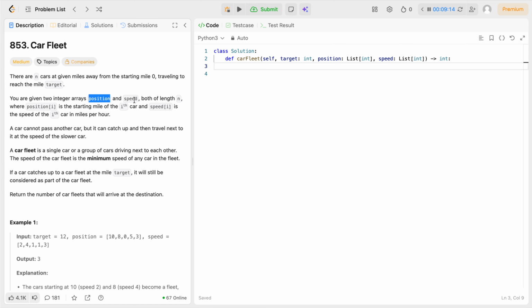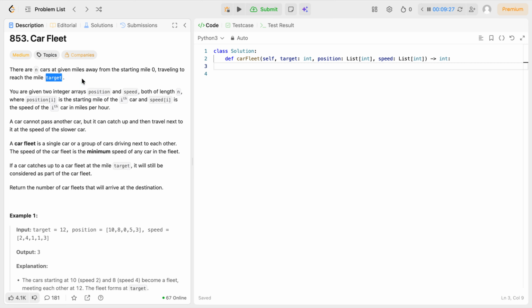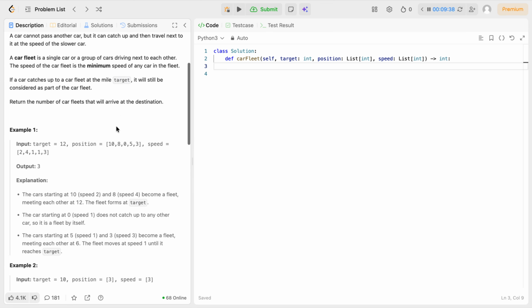I'm assuming there's a range on what the elements can be, probably can't be less than 0. Can position be past the target? And what if the speed is greater than the target as well? So just some considerations. Those are my clarifying questions.